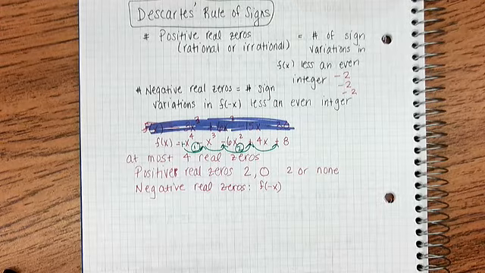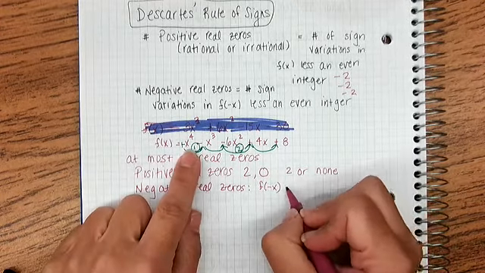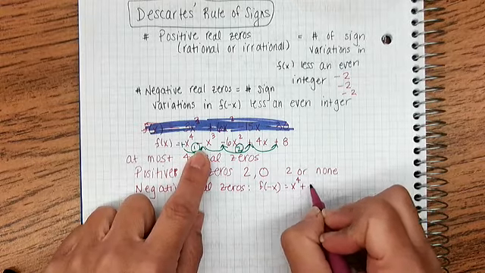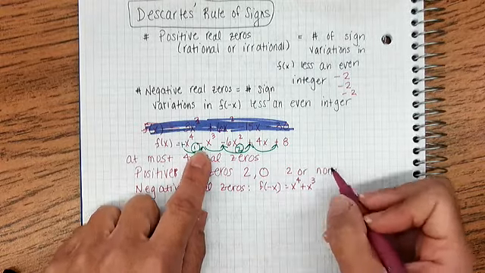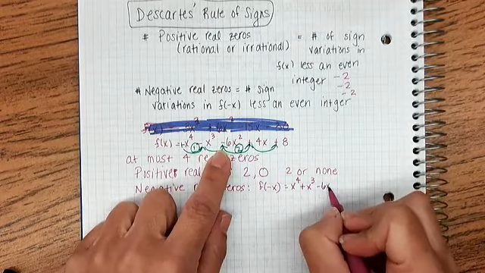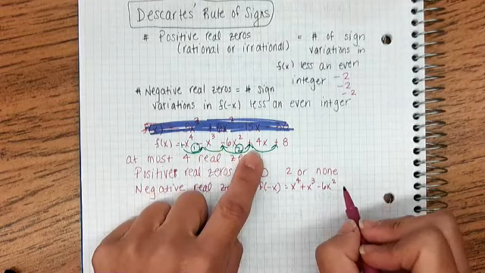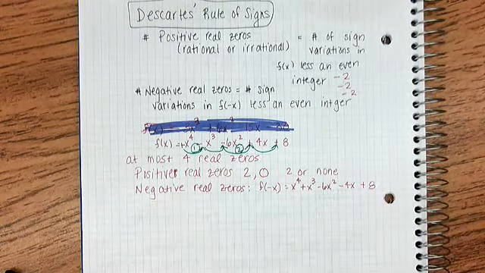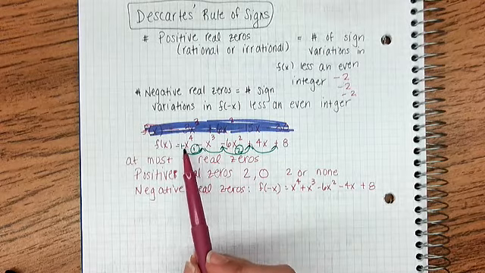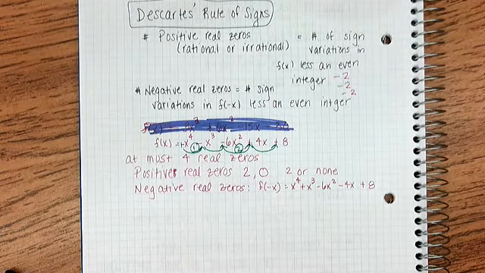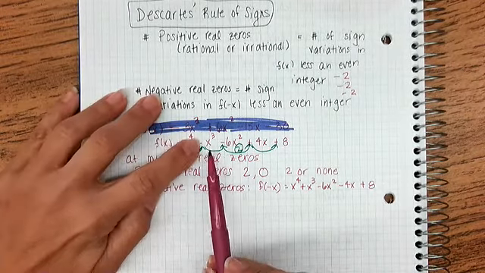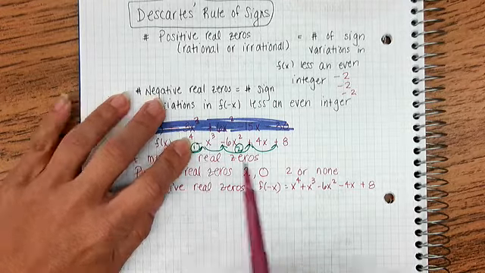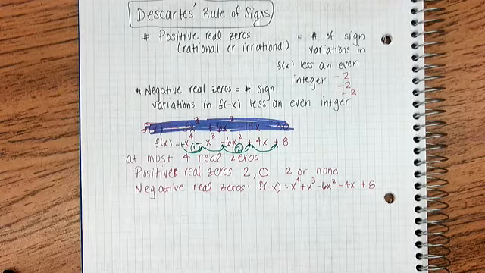When you plug in negative x, you get x to the fourth plus x cubed minus 6x squared minus 4x plus 8. I just plugged in negative x. Negative x quantity to the fourth is positive x to the fourth. Minus negative x cubed is negative x cubed times negative 1, which is positive x cubed.